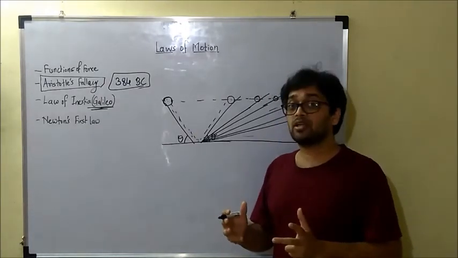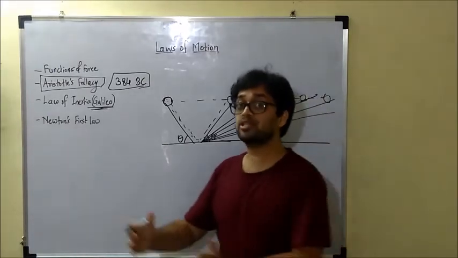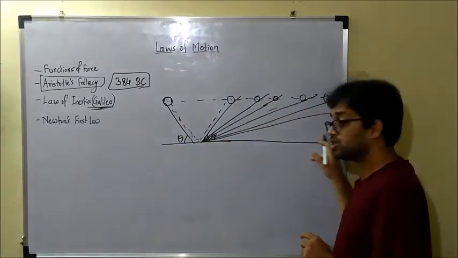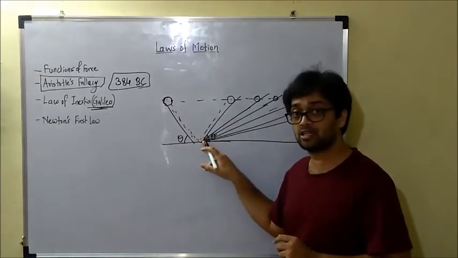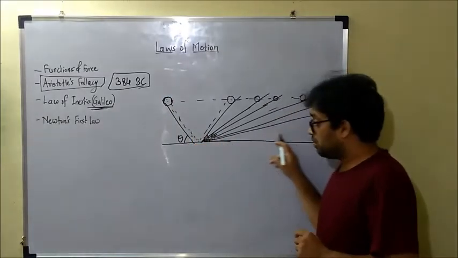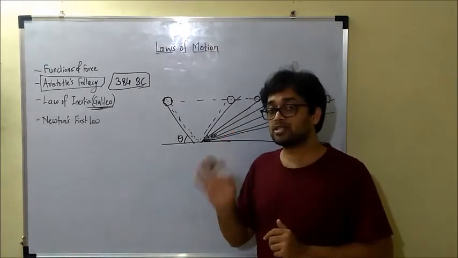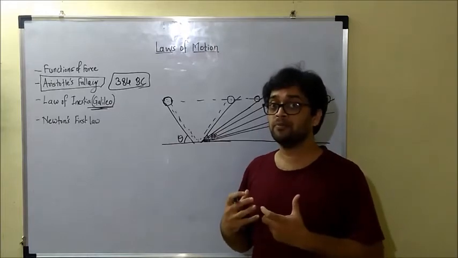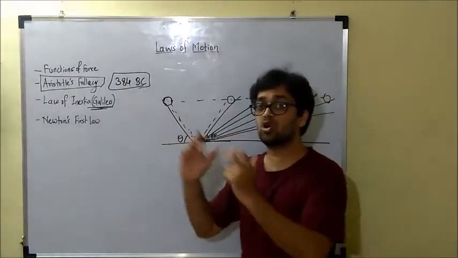So basically, this plank will give some velocity to the object as it comes down, and then it will move with constant velocity over the other plank, and it will not stop unless you try to stop it. So the object has this property by virtue of which it will maintain its constant motion.